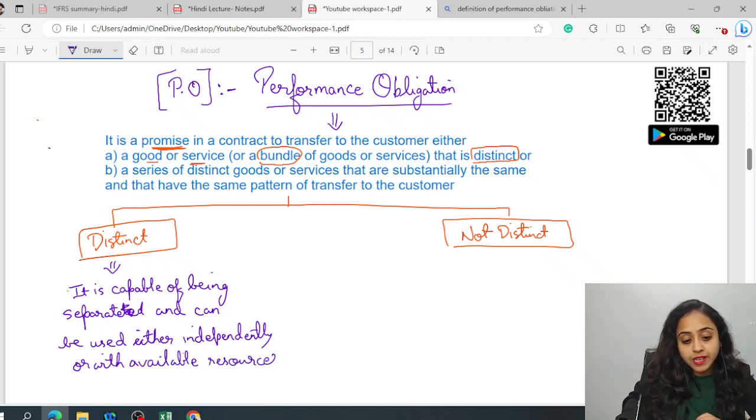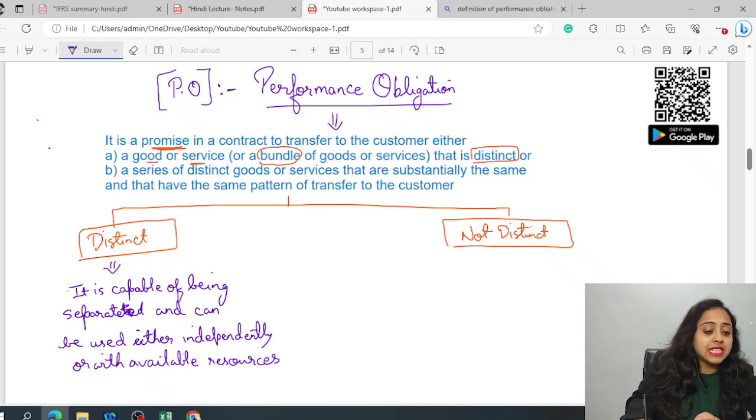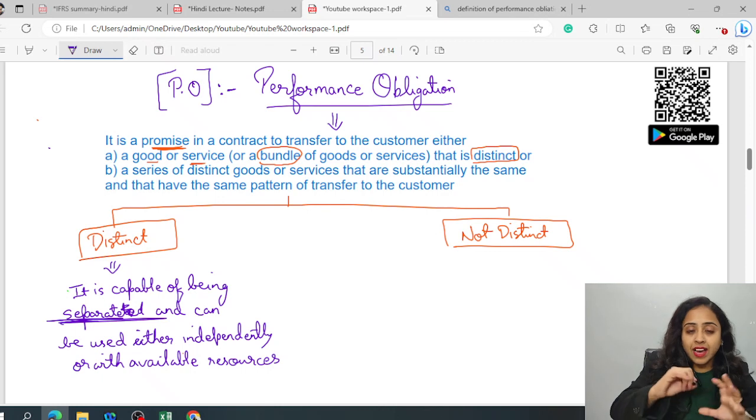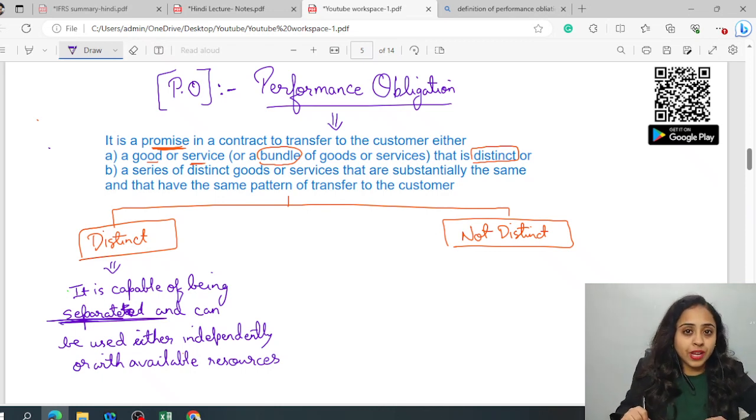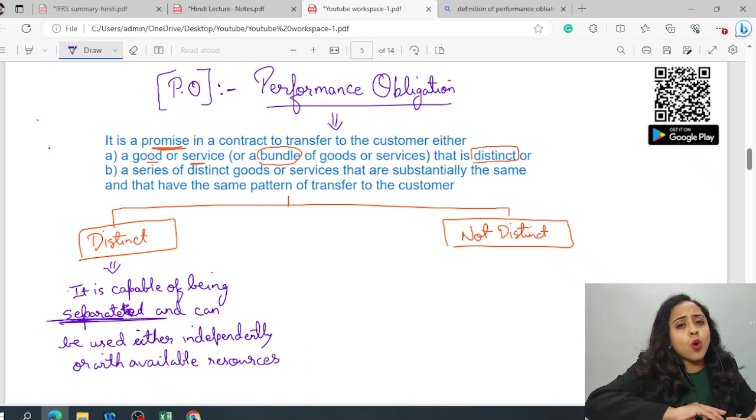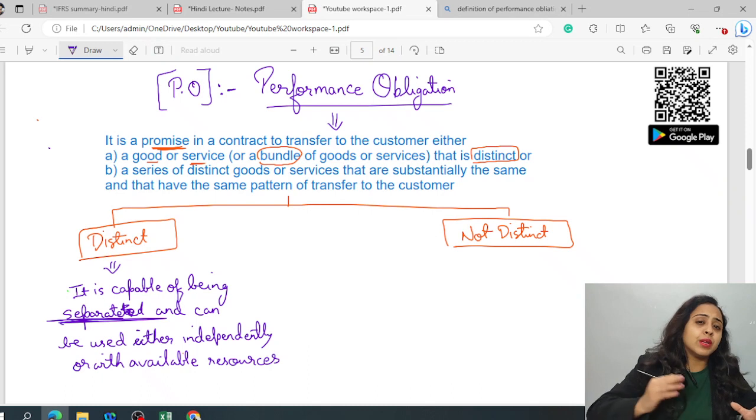It has the capacity to be separately identified, separated from the entire contract, from other goods and services. It has the capacity of being used either individually alone or together with the available resources.